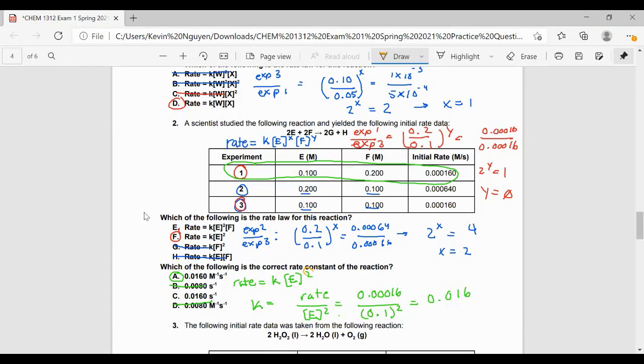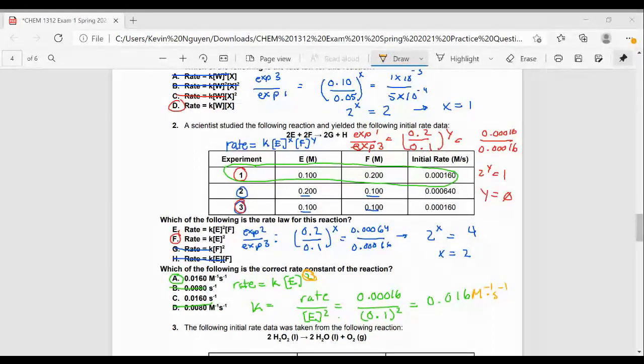So our overall order is 2, because we have that 2 there. So that means, if you guys remember from the table I listed earlier, this is the units that corresponds to that, which is per molarity per second. Okay. Any questions on number 2? Okay. No questions on number 2.